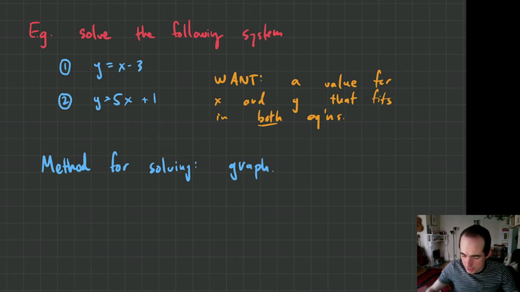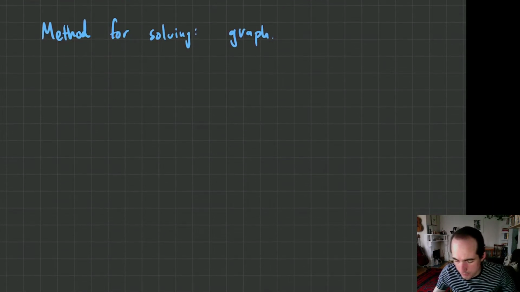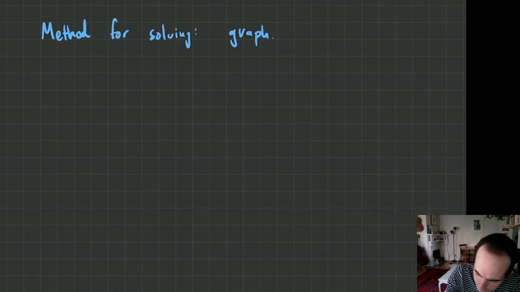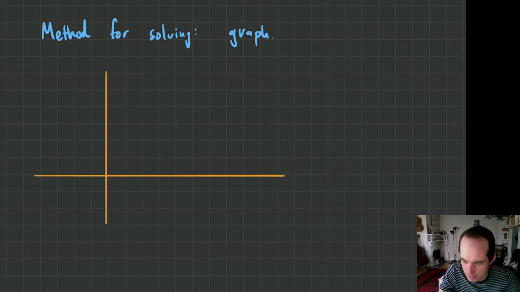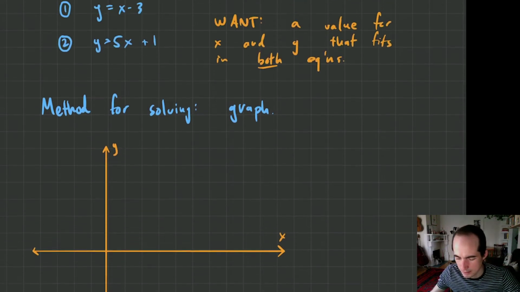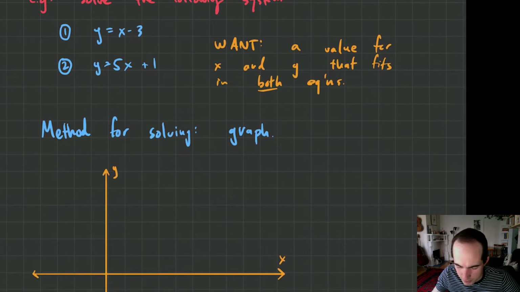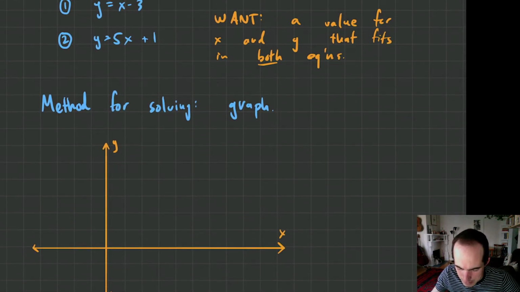So let's see what it looks like when we graph both of these equations. I'm going to make a nice little graph here, okay? I'll do it in orange. So here's my orange graph, and there's my x and y axis. Got some arrows here. Then I'll say that this is my y-axis, this is my x-axis. And I'm going to graph the first one, y equals x minus 3.